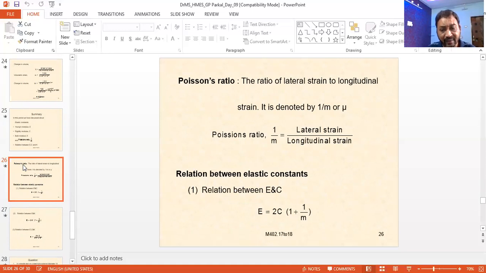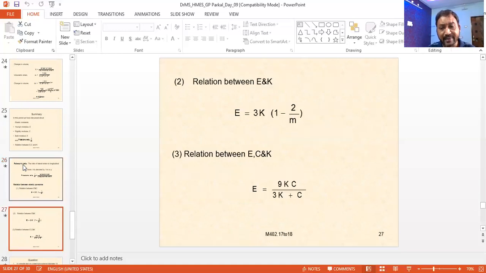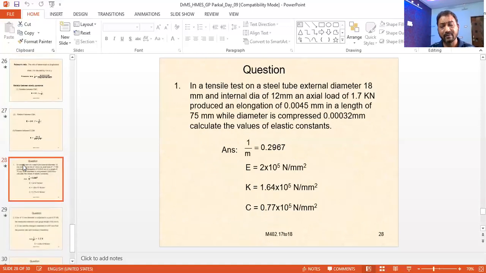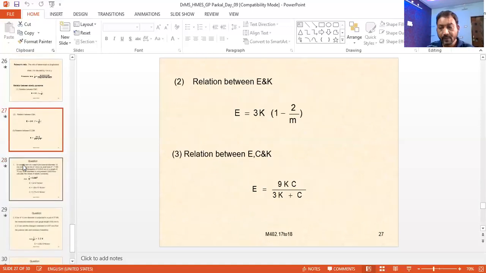And we also know the relation between the constants. And we have solved some problems by using the relation between the elastic constants, and we could find the elastic constants values based on the given data of the problem.